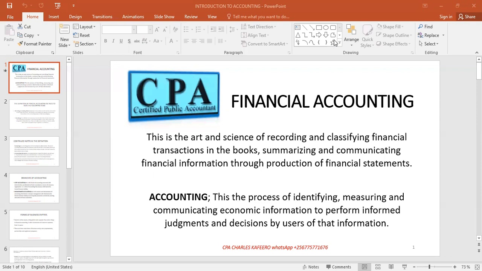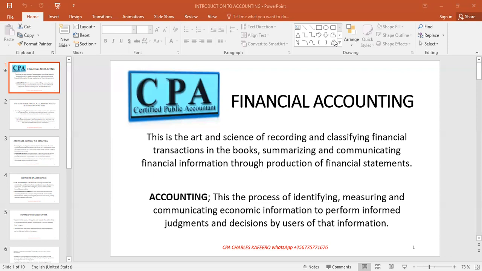Accounting is not a one-way process. It is a continuous process, with steps which you have to follow so that you can get the information and analyze it, so that you can present it for decision making to the management.